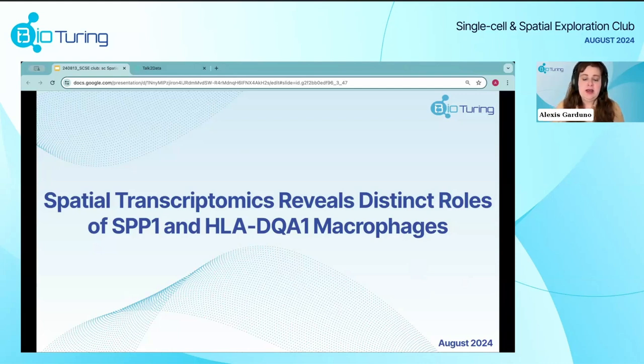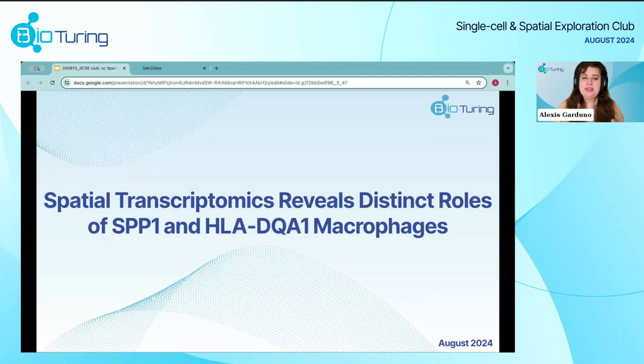So as my colleague has noted, the talk for today will be focusing on spatial transcriptomics and how this data reveals distinct roles of SPP1 and HLA-DQA1 macrophages. In past sessions, if you're new to the Exploration Club, we looked at data which established the heterogeneity of macrophages and their potential roles in lung cancer.